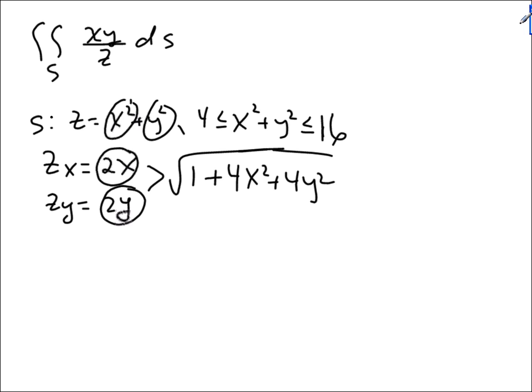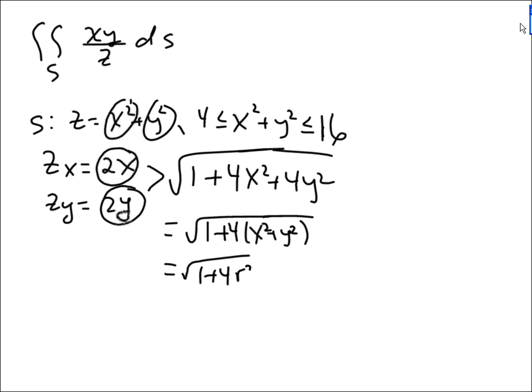But I see x squared plus y squared all over the place. I'm going to go polar. This is 1 plus 4 times x squared plus y squared. That is, it's 1 plus 4 r squared. So, since it's a function of r, it needs to stay inside.